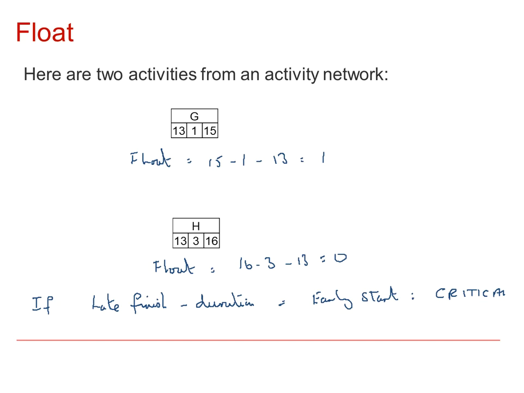And if it's non-critical, we can say that the float is equal to the late finish time minus the duration minus the early start time. So for example, in G we had 15 minus 1 minus 13, giving us a float of 1.